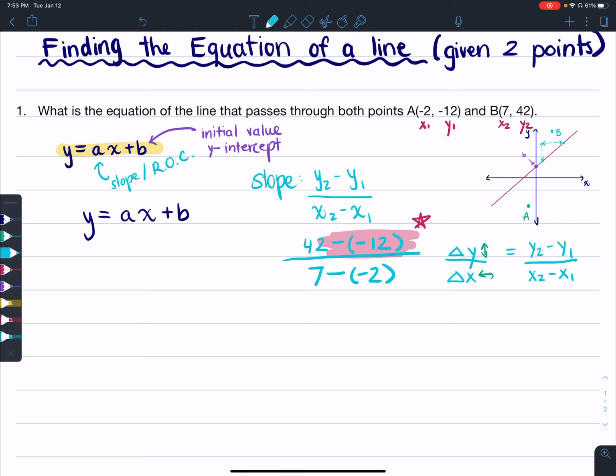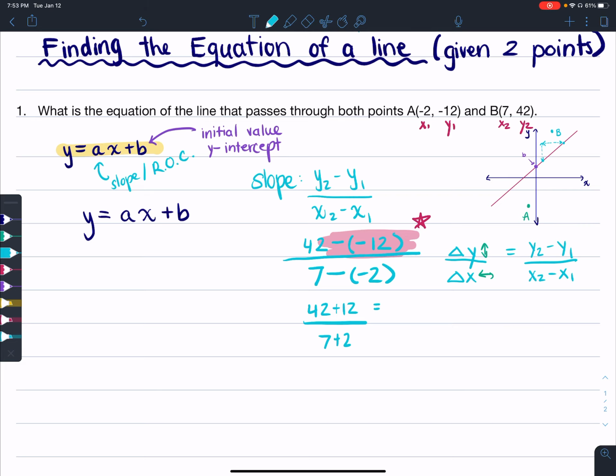And now we can rewrite that with the changed signs, or if you feel comfortable, you can just do it directly. So this will be 42 plus 12, and then on the bottom we will have 7 plus 2.